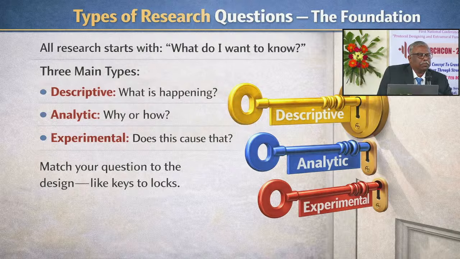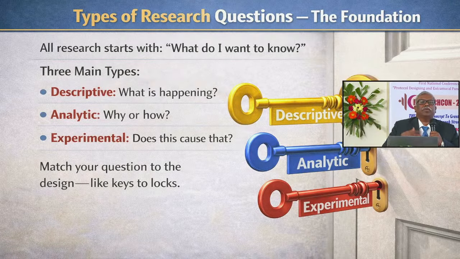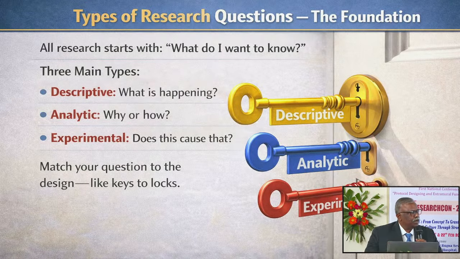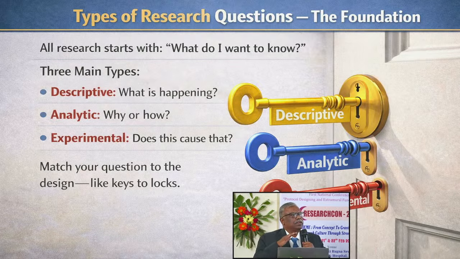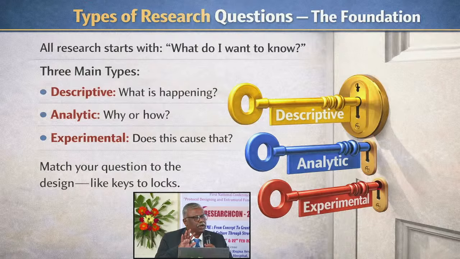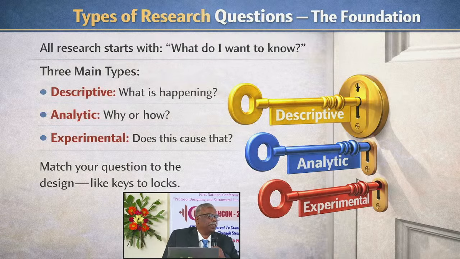What is the problem in the community, in the hospital, in the OPD? Are very common patients coming to my OPD? Am I observing the same type of complications from a particular operative surgery? These are basic descriptive questions, where you are just observing the patients and the community and assessing the problem.